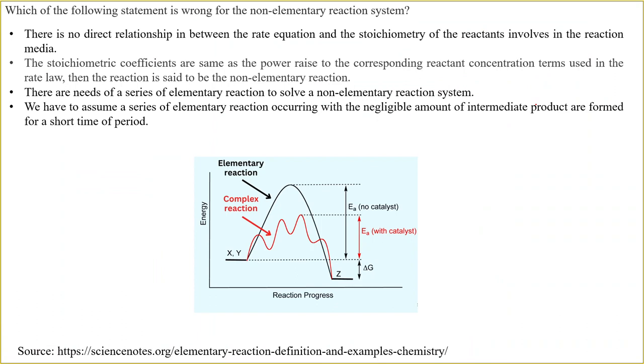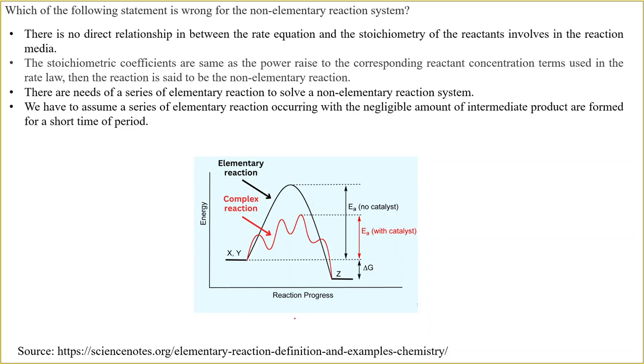Next we have, which of the following statements is wrong for the non-elementary reaction systems? So first of all, I will define what a non-elementary reaction system is. Elementary reactions occur when your reaction is quite straightforward, like when A plus B gives C. It will have only one activated complex formation, and then it will just proceed down to the products.